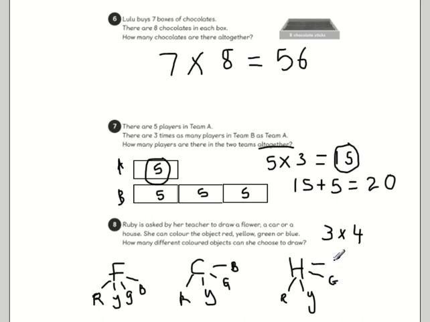So what you could do is count how many options we've got. 1, 2, 3, 4, 1, 2, 3, 4, 1, 2, 3, 4. Okay, I'm working out 3 times 4. 1, 2, 3, 4, 5, 6, 7, 8, 9, 10, 11, 12. So there's 12 different options of things that she could draw.